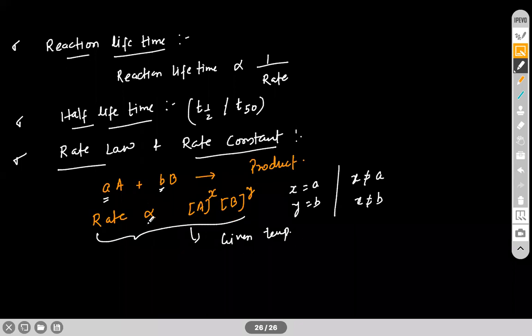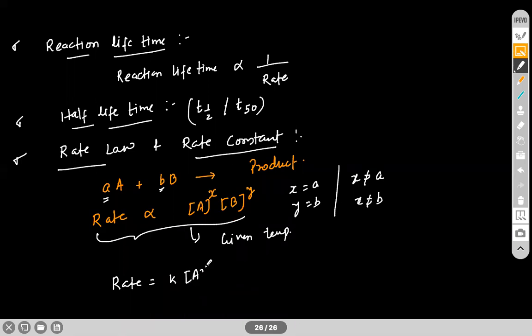Okay, now when you remove this proportionality sign, you will get rate is equal to a constant K into concentration of A to the power X, concentration of B to the power Y. Where K is the rate constant.